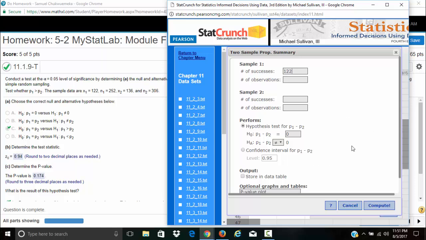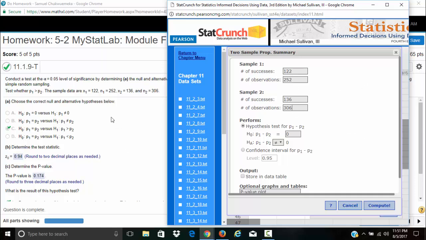Successes here, this is 122. The next one is 252, the sample size from population 1. And then the second one, number of individuals with the specified characteristic is 136. Sample size from population 2 is 306.